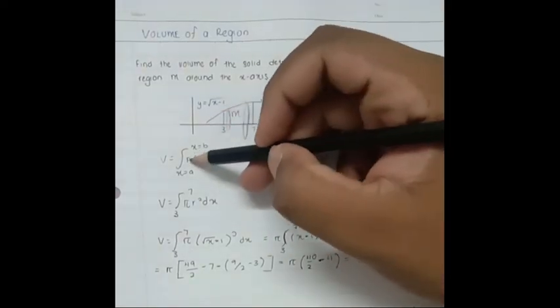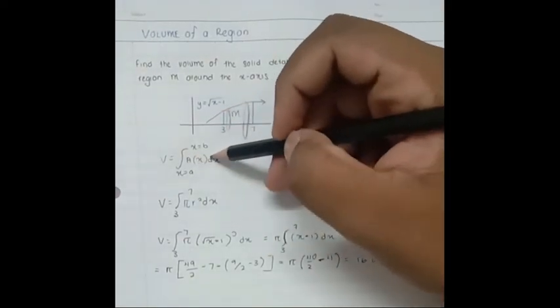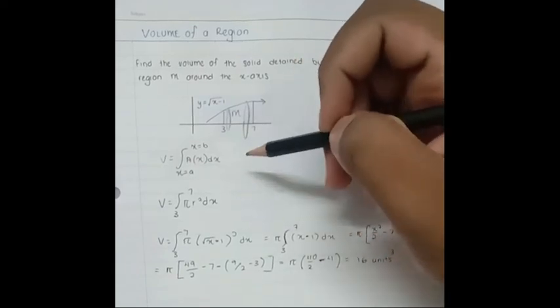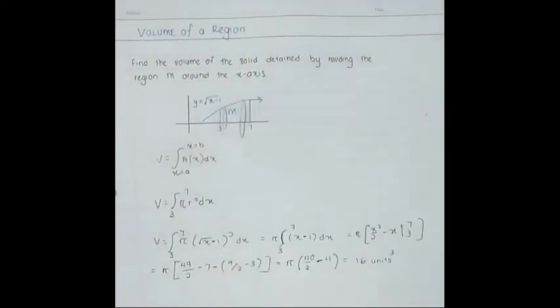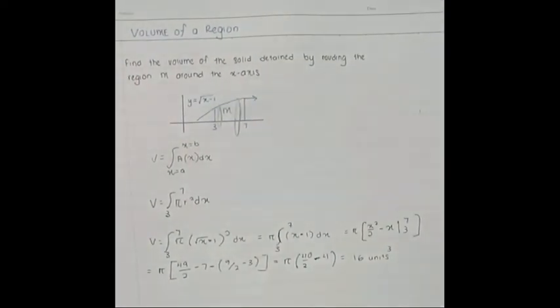So it will be our area in terms of x and dx, and that area is the area of one cross section. These cross sections are circles, and we know the formula for that. It's pi r squared. So our volume is going to be from x equals 3 to 7 because those are the boundaries. The area is pi r squared and we'll figure out what r is in a second.